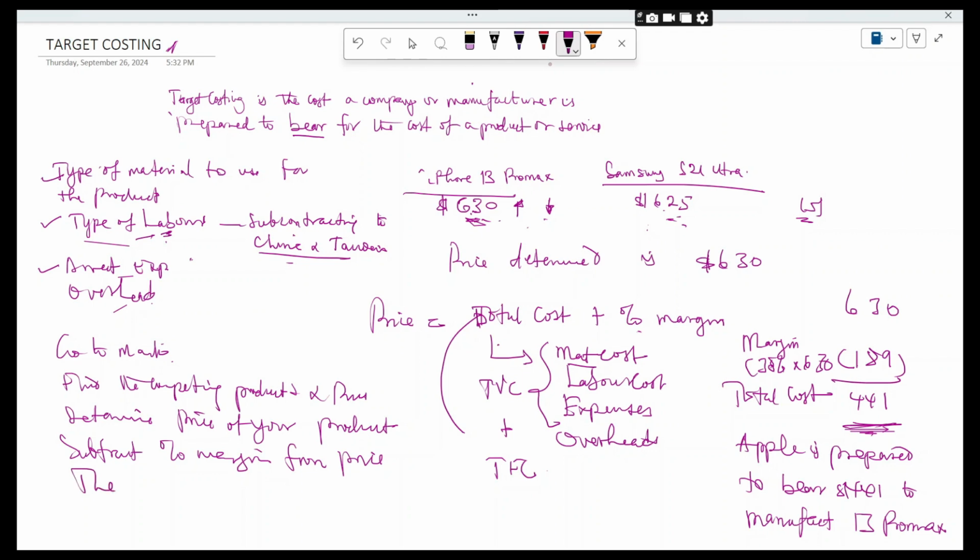So the rest is the target cost the manufacturer is prepared to bear for the product. So that is a basic explanation of what target costing is about.